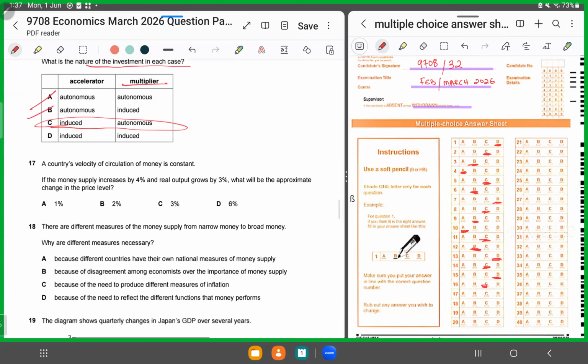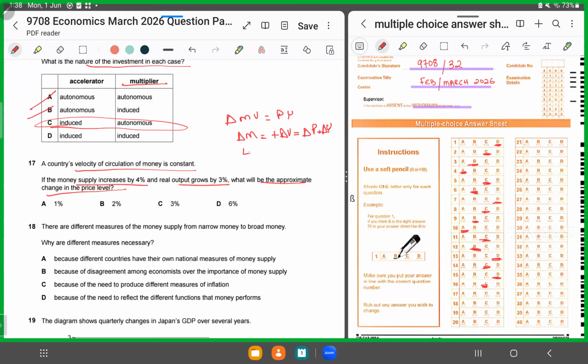Moving forward, a country's velocity of circulation of money is constant. If the money supply increases by 4% and real output grows by 3%, what will be the approximate change in the price level? So we know that the change in the money supply plus the change in velocity should be equal to the change in the price plus the change in output.